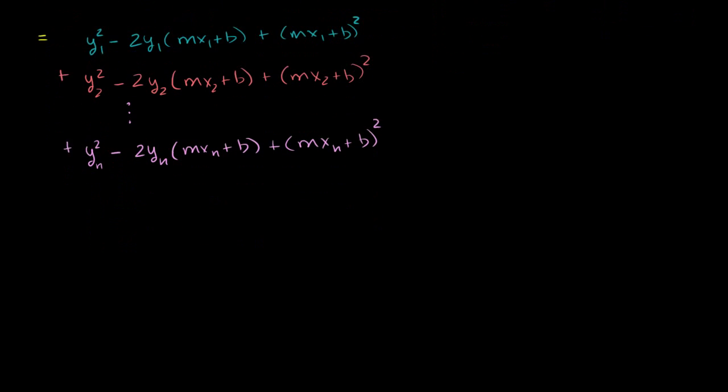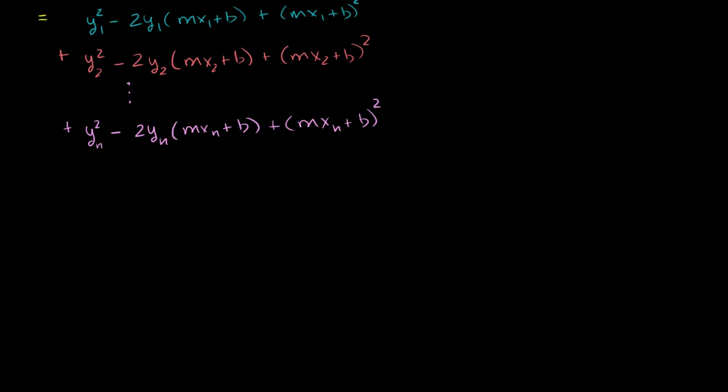So let's scroll down. This whole expression, and remember, this is just the squared error of the line, is the same thing as, let me rewrite this top line: y1 squared, and then I'm going to distribute this to y1. So this is going to be minus 2y1mx1, that's just that times that, minus 2y1b, and then plus, now let's expand (mx1 plus b) squared.